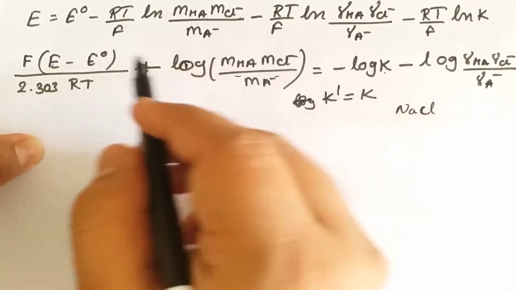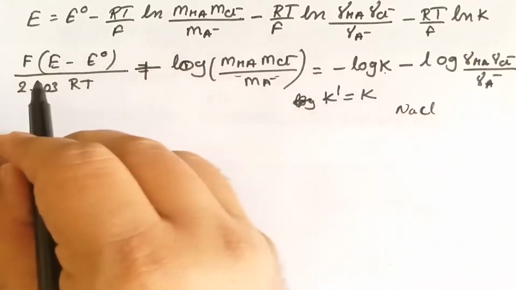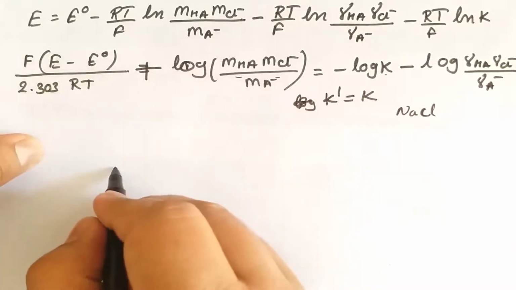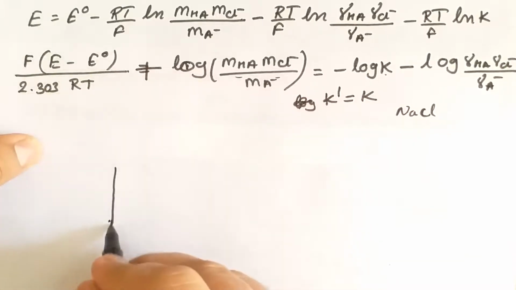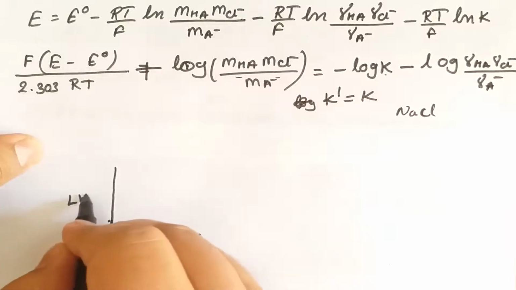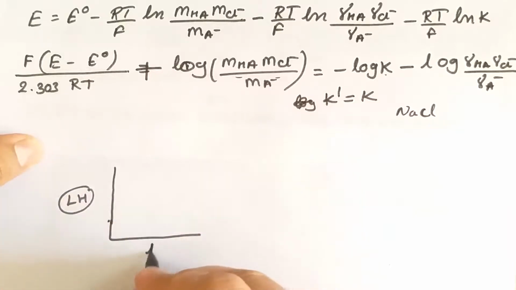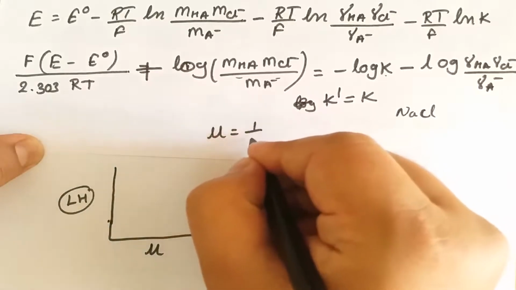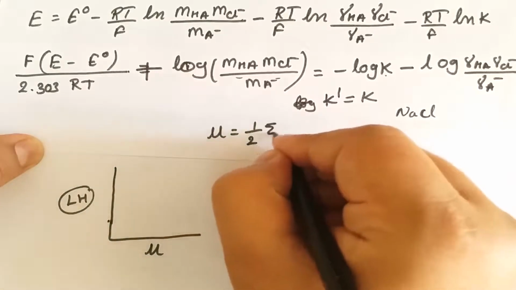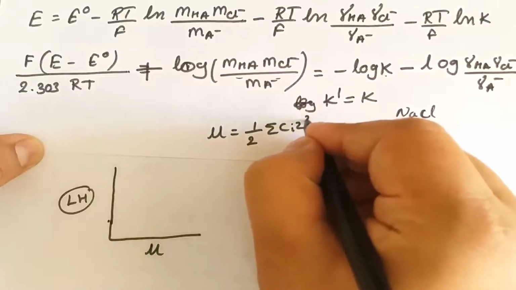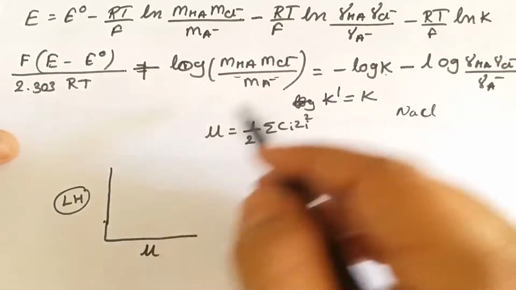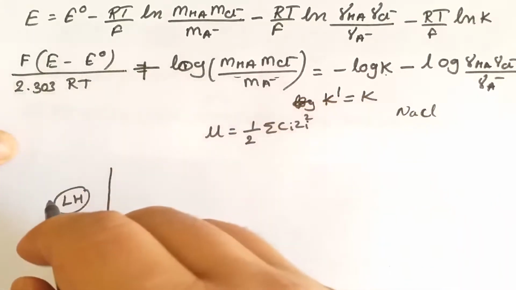So for different ionic strengths we will get different values of our left hand side, and when we plot a graph of our left hand side with the ionic strength mu, we know that ionic strength mu is nothing but half summation Ci Zi square. So we can find the ionic strength also, and we have the value of left hand side also.